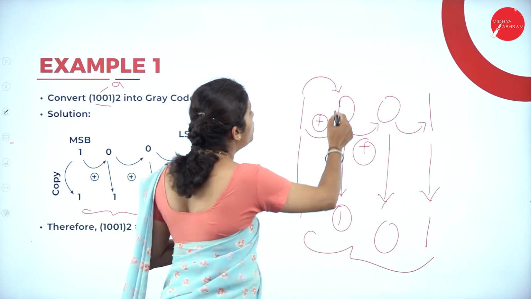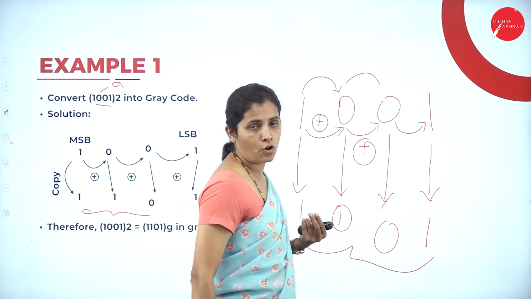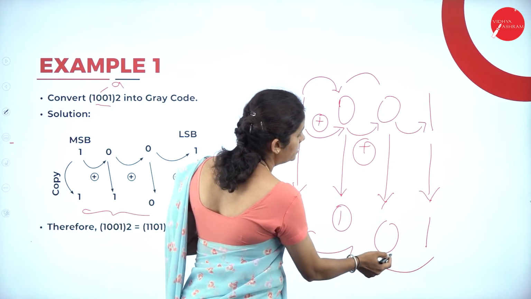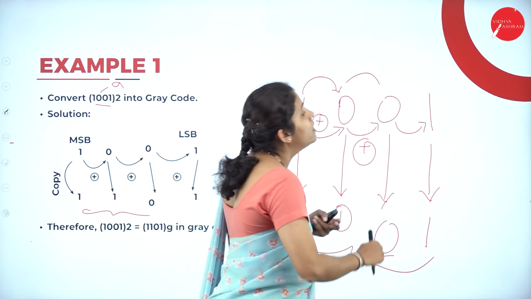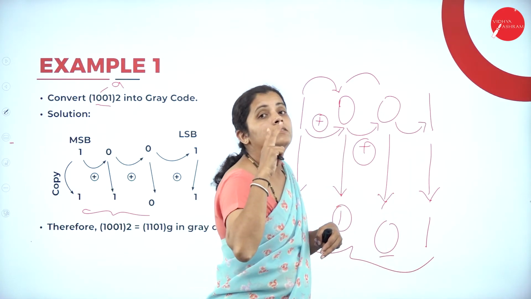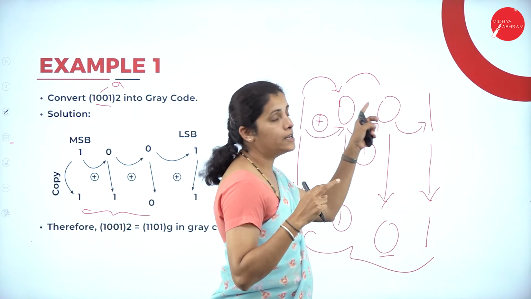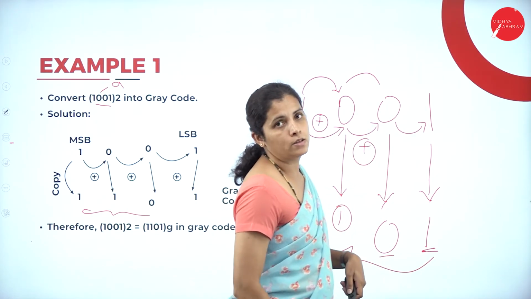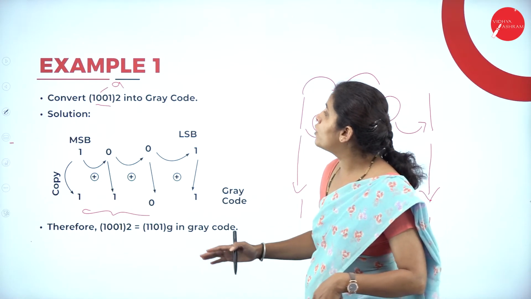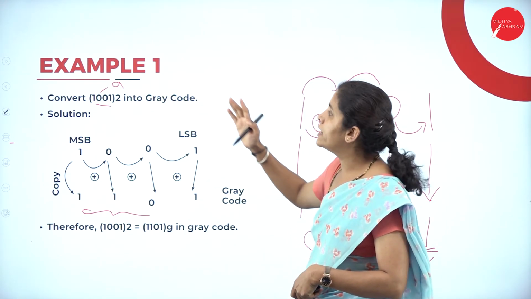When both the bits are the same in XOR, I'm going to get the output 0. When there is a variation in the input bits, I'm going to get the output bit 1. So this is the conversion from binary to gray code.